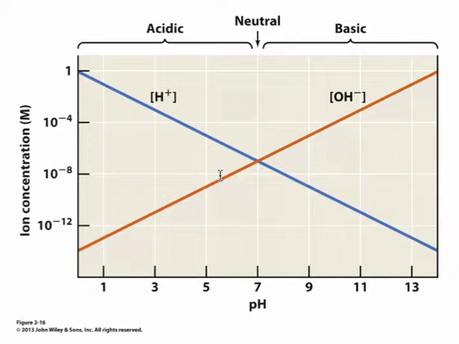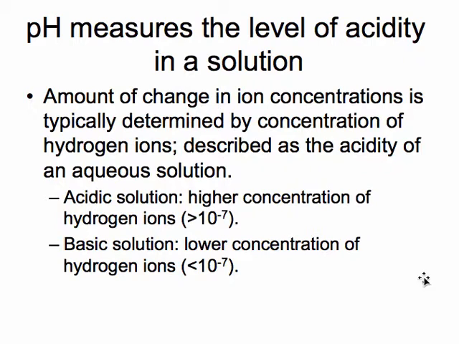As we go through, you're going to see that as hydrogen ion concentrations increase, that corresponds to a decrease in the pH scale. And as hydroxide ions increase, we see an increase in the pH scale. So pH is there to allow us to easily measure the amount of hydrogen ions in a solution.